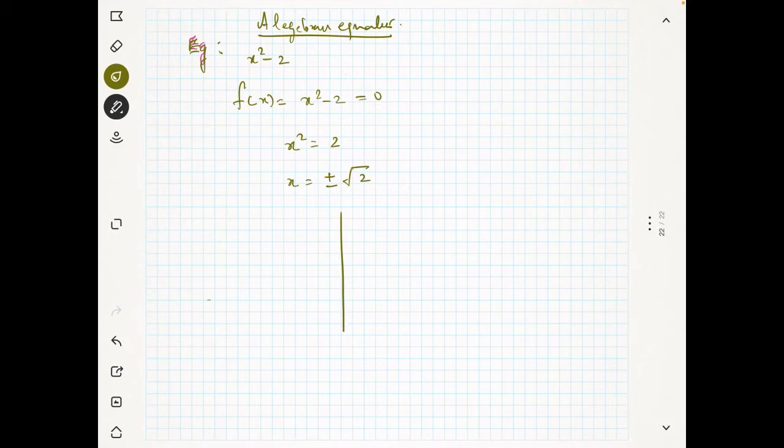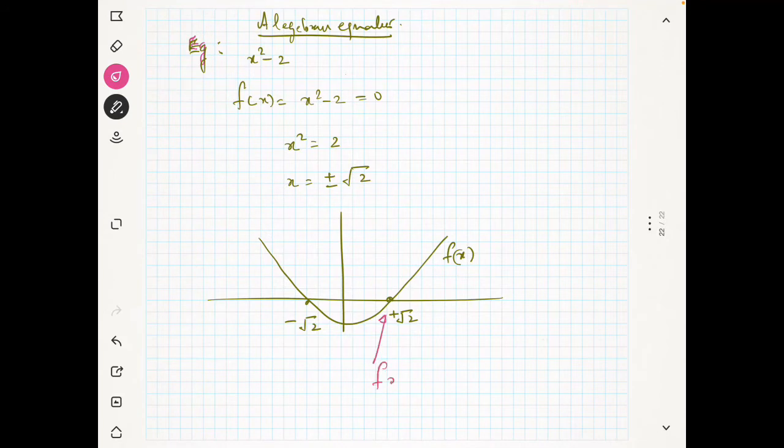That means that if you plot this equation, you will get something like this, and this will be plus square root of 2, and this will be minus square root of 2. You see here, this is your f of x, and your f of x is equal to 0 at this point. You can see here. So this is f of x and this is x.